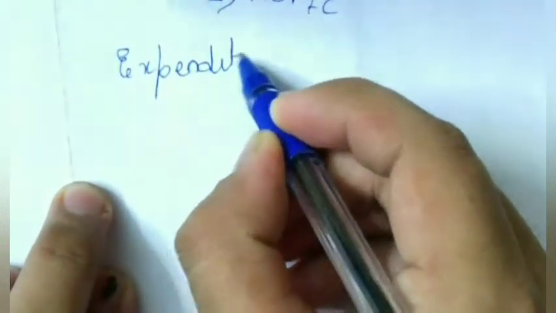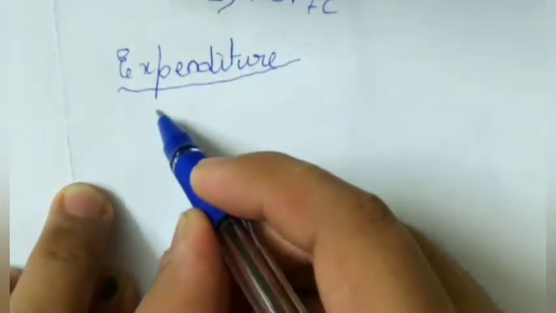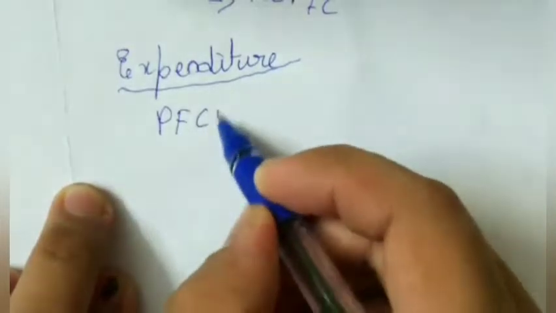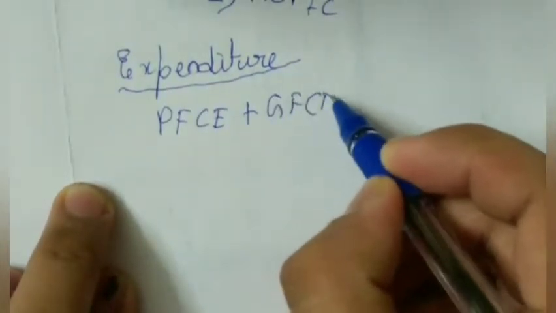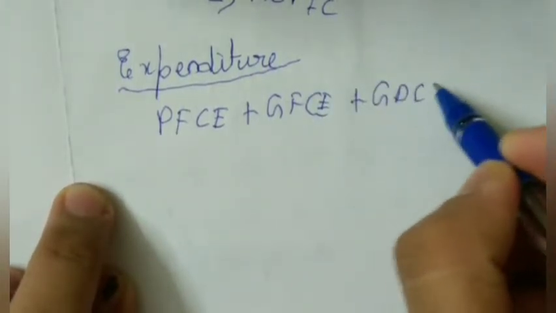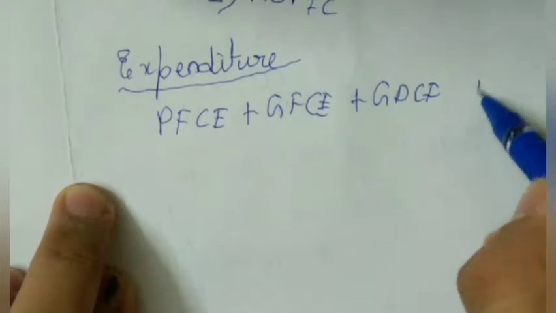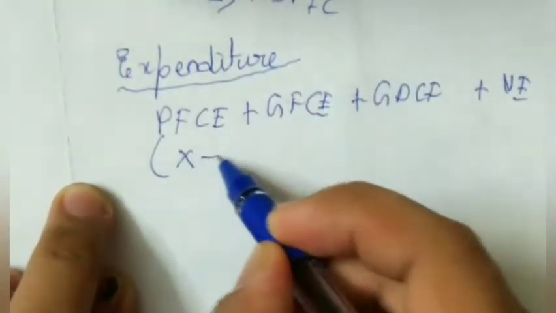Then the third method was the expenditure method. Under the expenditure method, the formula was private final consumption expenditure plus government final consumption expenditure plus gross domestic capital formation plus net exports, or exports minus imports.